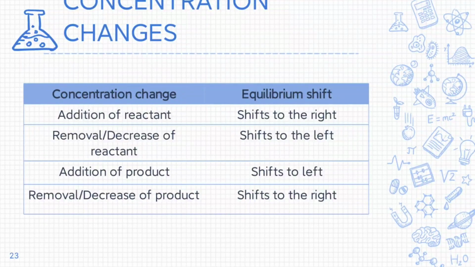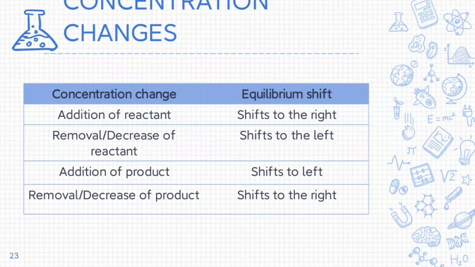There will be an exact change on the equilibrium shift kapag you added or you removed certain factors such as your concentration, temperature, pressure, or volume. Okay? So, for example, ito. First one is concentration. So, in concentration change, okay, yan.